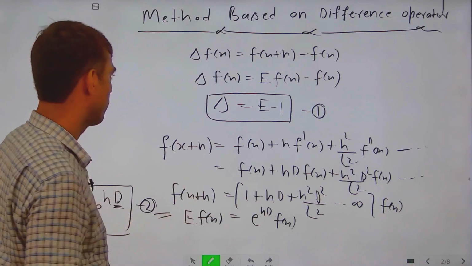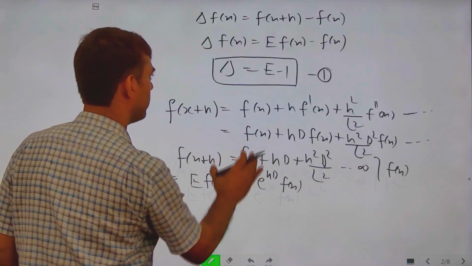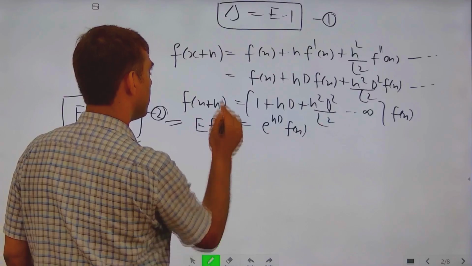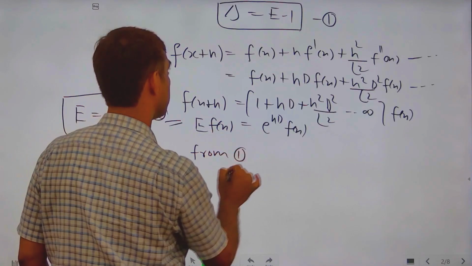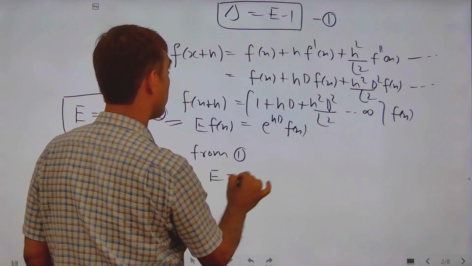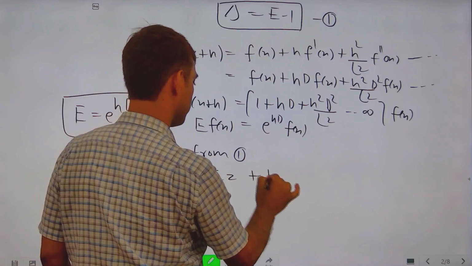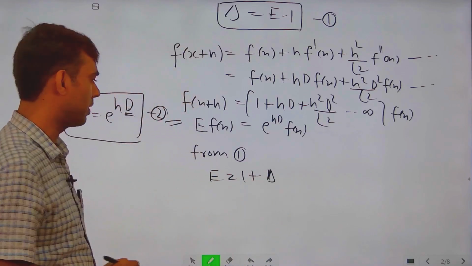So, what will happen here? From the first and second, from the first, E equals 1 plus delta, 1 plus the forward difference.